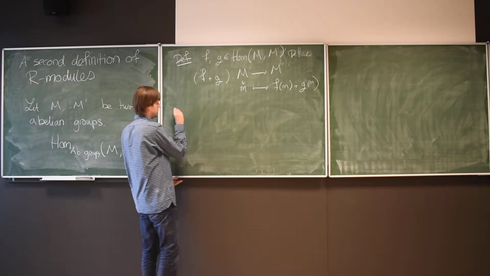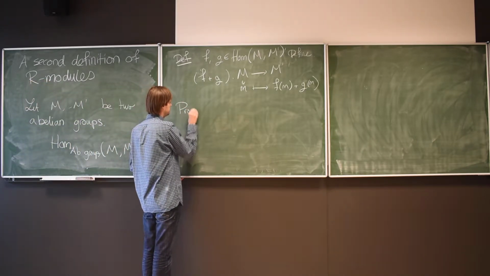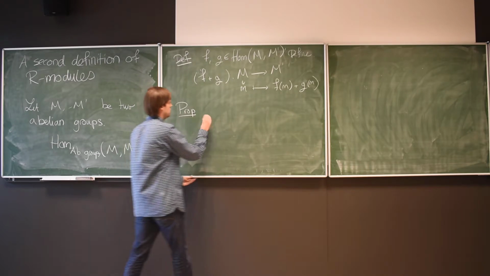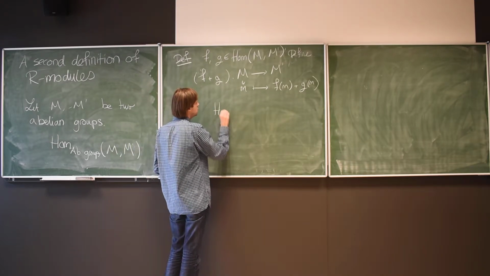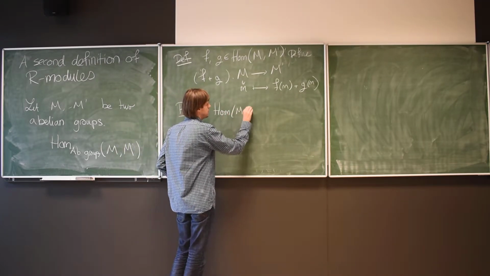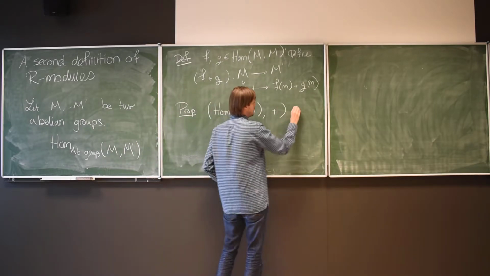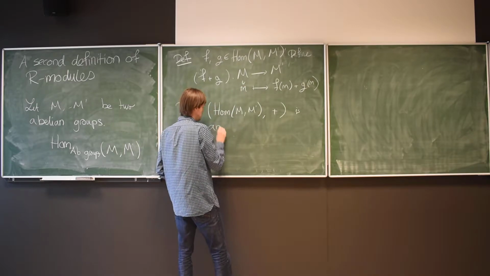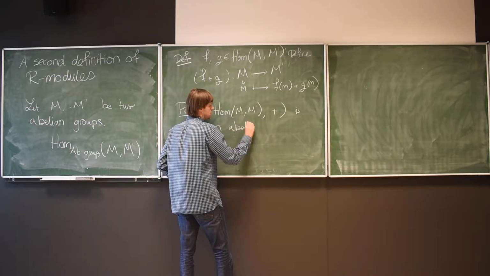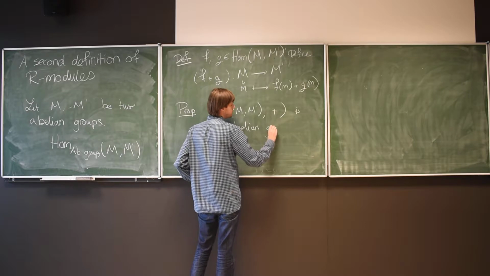And now you have a proposition. Hom(M, M prime) together with this addition is an abelian group.